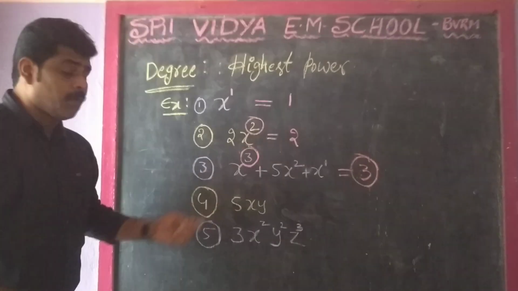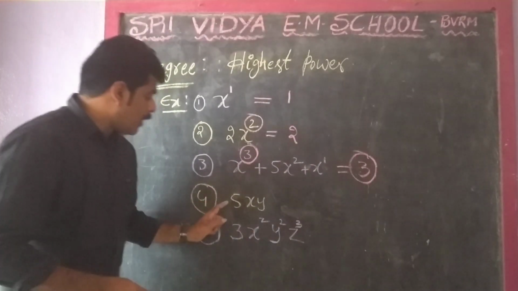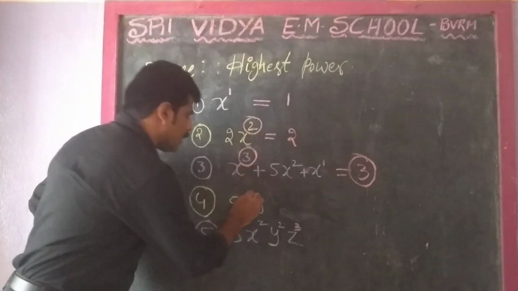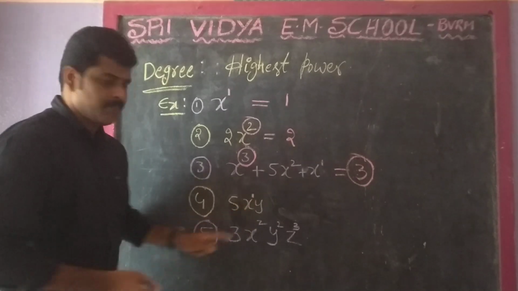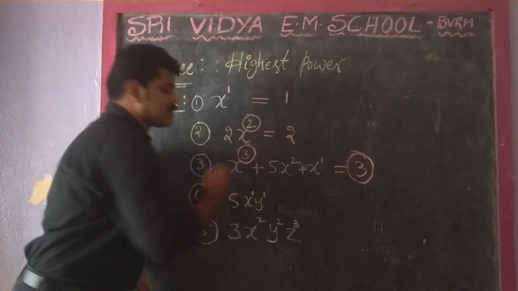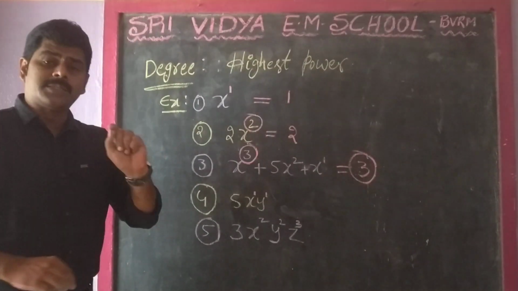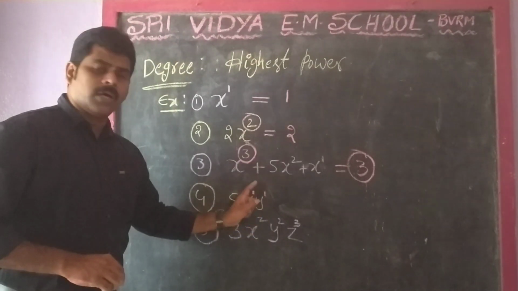And coming to the fourth one, 5xy. The exponent of x is 1 and y is also 1. It is a monomial. In this monomial, x power is 1 and y power is also 1.